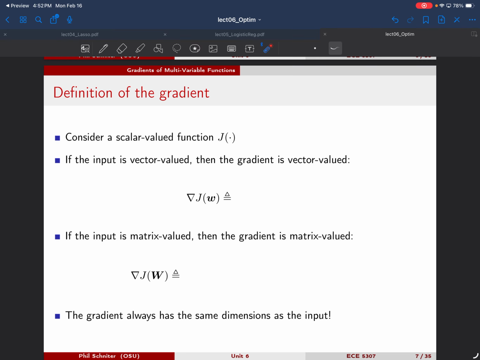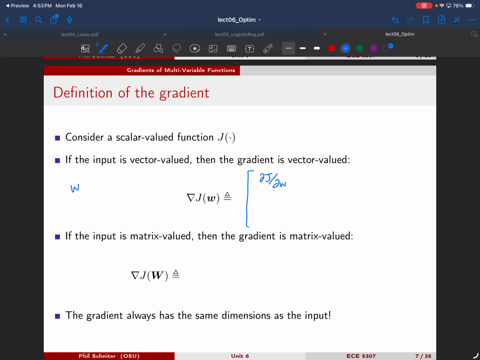Okay, so if the thing we are optimizing, like in binary logistic regression, is just a vector of weights, then the gradient is defined as the partial derivative of J with respect to the first weight.